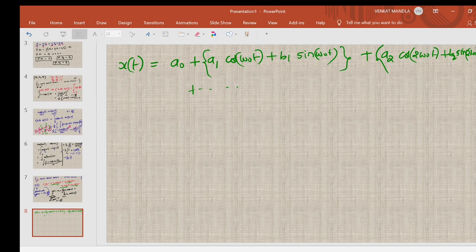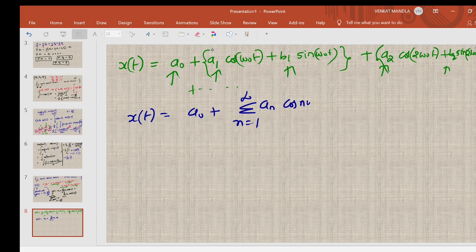Now how to find out these coefficients: a naught, a1, b1, a2, b2, a3, b3, an, bn? Now this is x of t equal to a naught plus summation n equal to 1 to infinity an cos n omega naught t plus summation n equal to 1 to infinity bn sin n omega naught t, right?